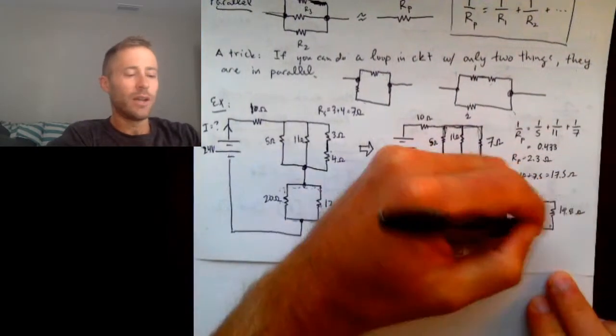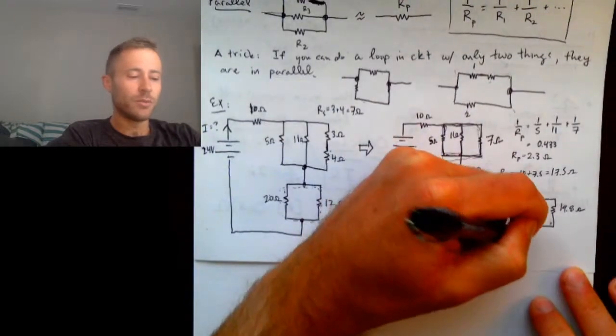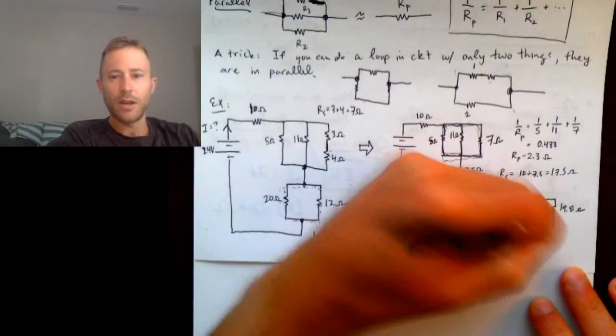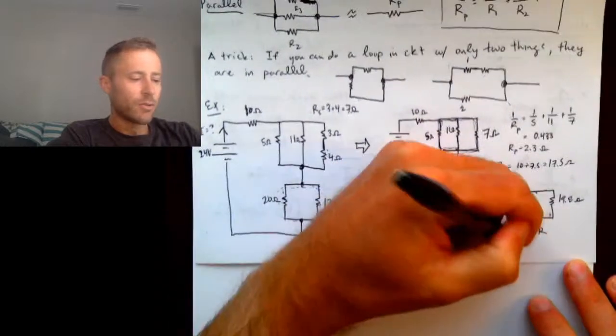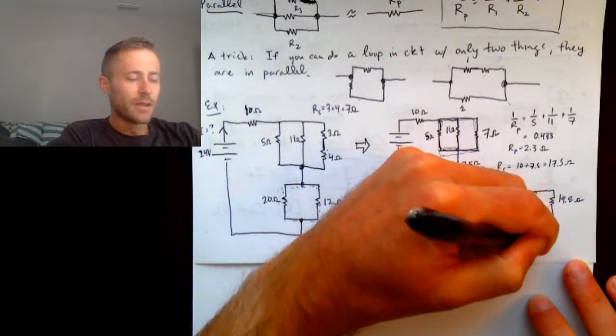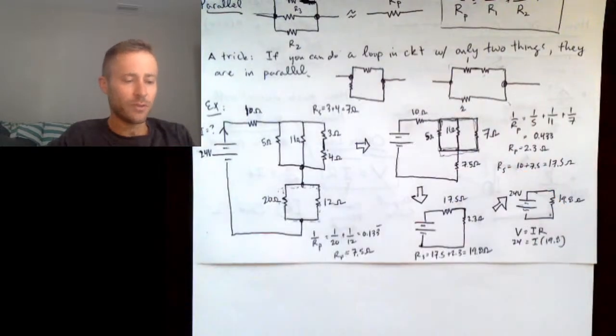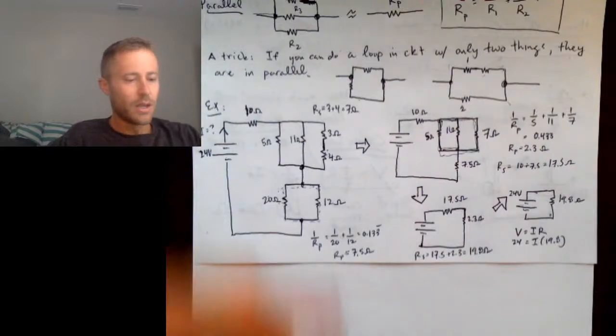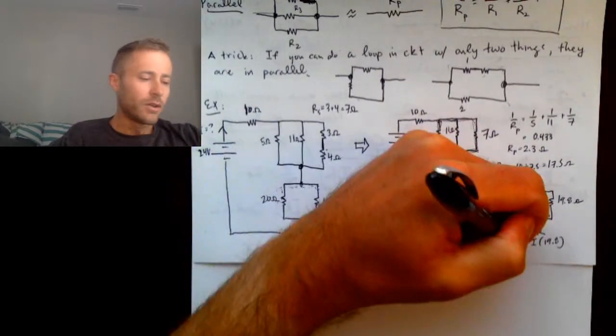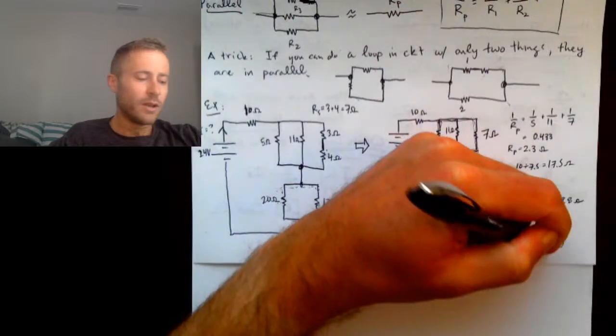And so now that we have it to a single resistor, we use Ohm's Law, V equals IR. So it's a 24-volt battery, and it's a 19.8 ohm equivalent resistance. And that's the current that flows is 1.21 amps.